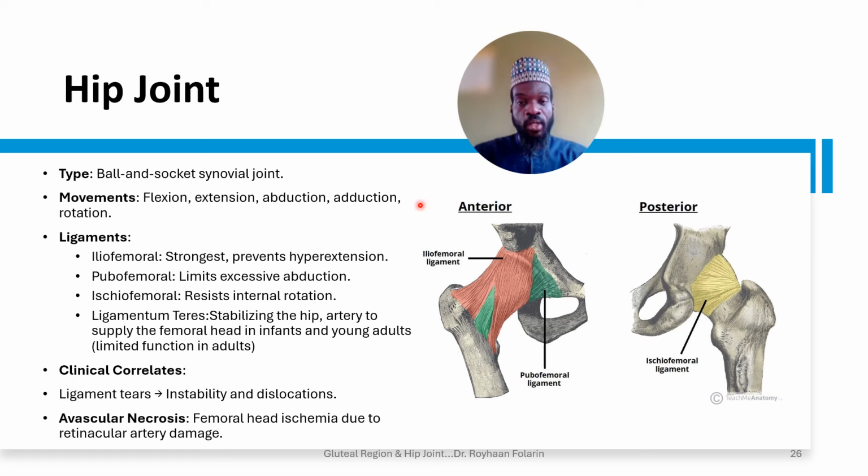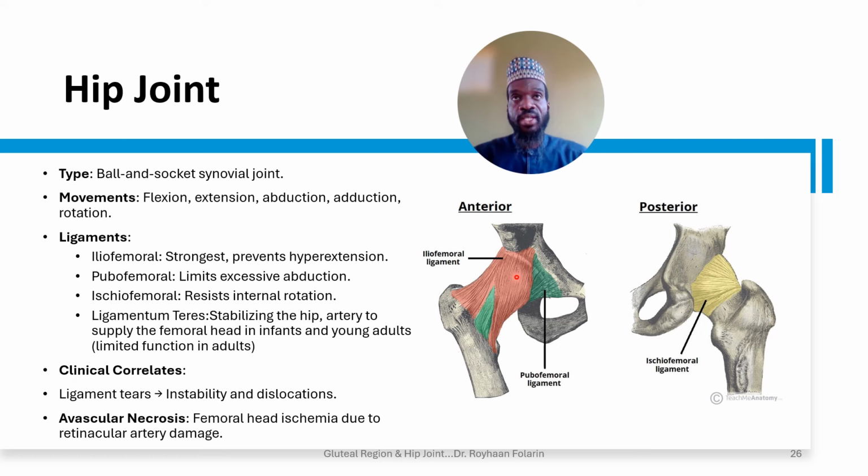medial rotation. But this is not a muscle, it's a ligament, and the ligament prevents movement of both parts away in the opposite direction. So it prevents hyper movement of both parts connected. In this case, it's going to prevent hyperextension of the joint.